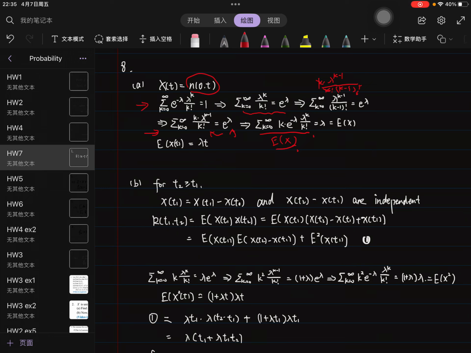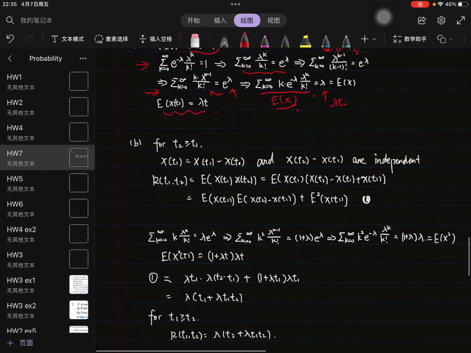By the first definition, if we replace lambda with lambda t in the Poisson distribution, we get the expected value of the Poisson process. So the expected value of the Poisson process equals lambda t. That is for the first question.